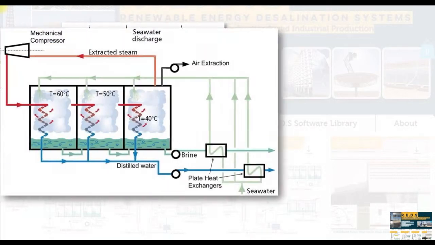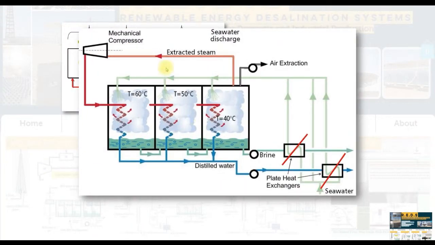For MED with mechanical vapor compression, we are going to eliminate plate heat exchangers, surface heat exchangers, or the end condenser, by using the condenser unit of the organic Rankine cycle. And this is the mechanical vapor compressor, which will receive electricity from the turbine unit.